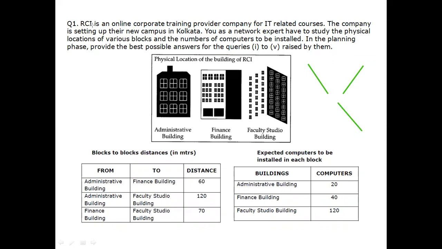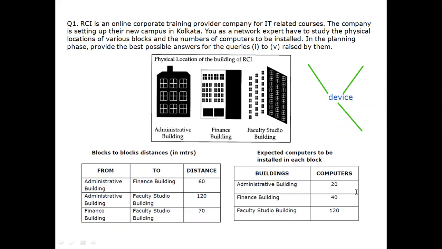And in between, all are connected with the help of one device. It means any device will be connected with that. So just see what type of topology it will follow.